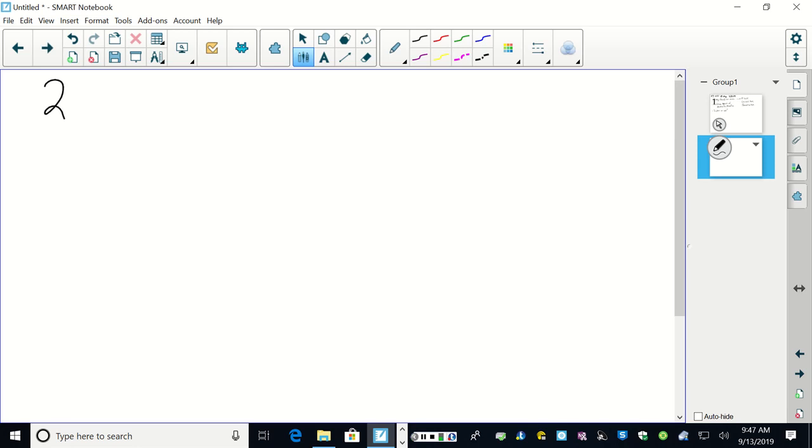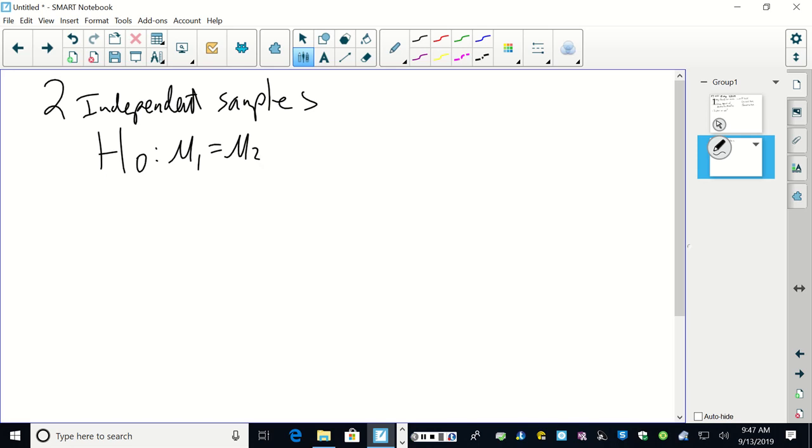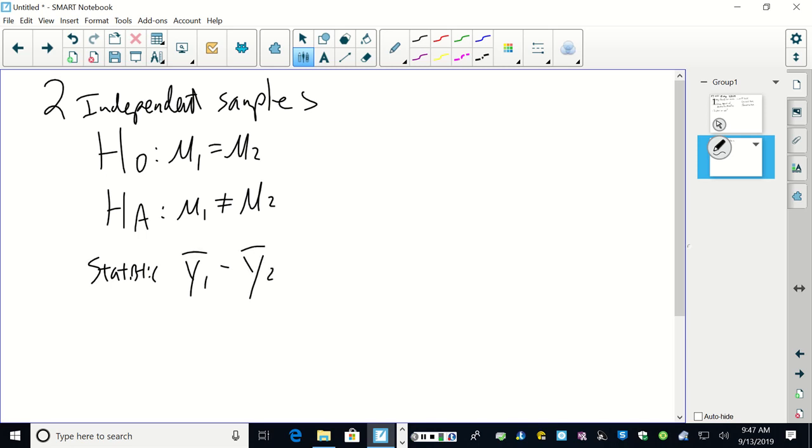When we had 2 independent samples, we could be interested in testing whether the mean in one group equals the mean in the other group. Our statistic is y bar for the first group minus y bar for the second group, or the other way, but it's that difference.